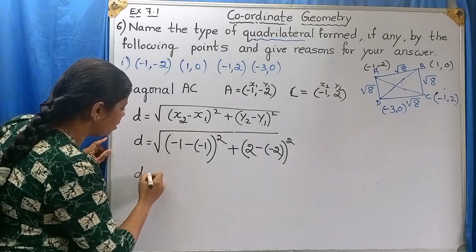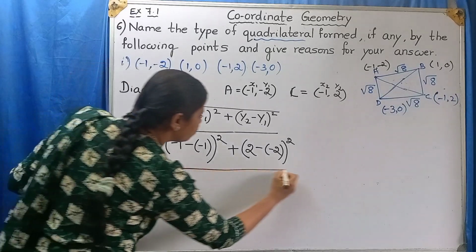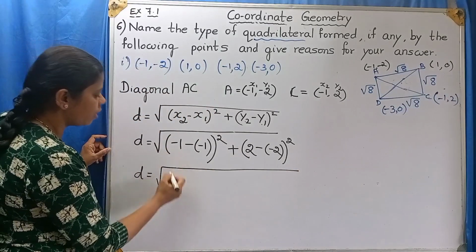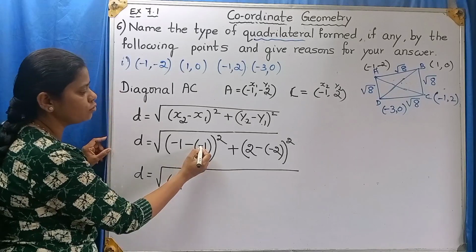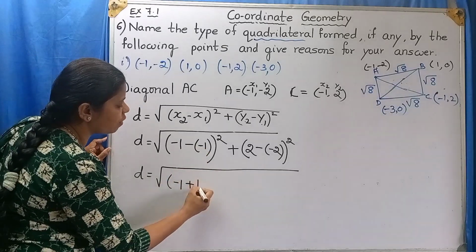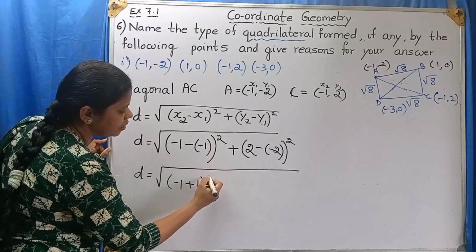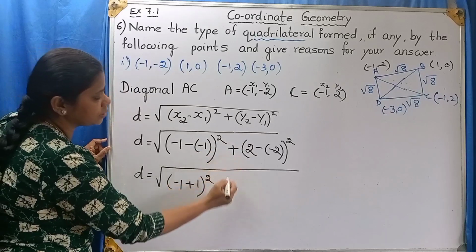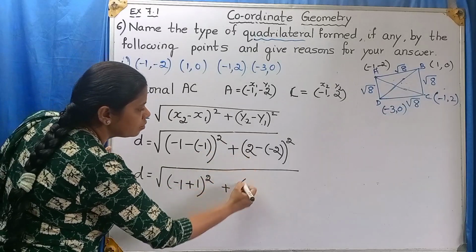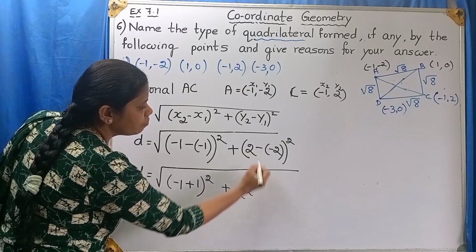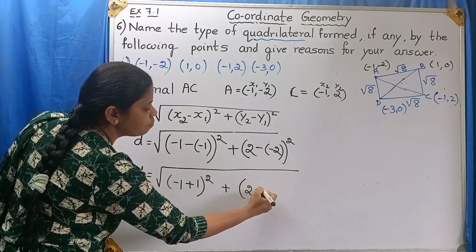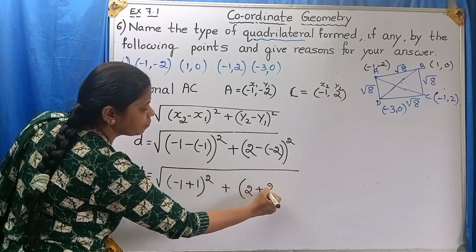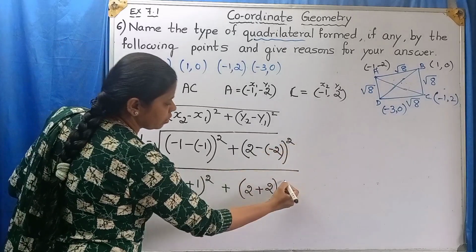Then D is equal to square root of -1, minus into minus is plus 1, whole square, plus 2, minus into minus is plus 2, whole square.